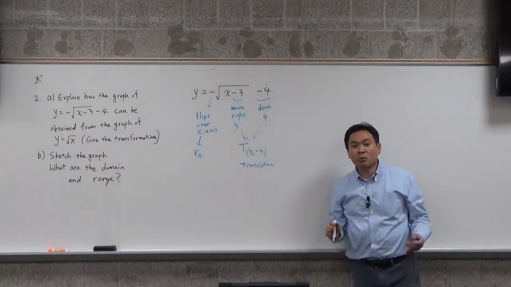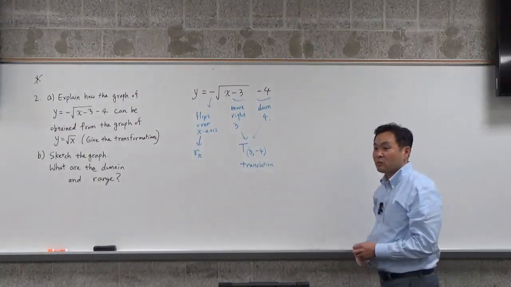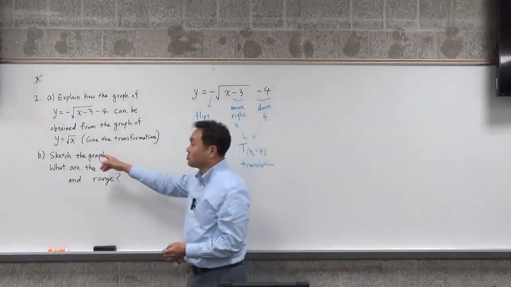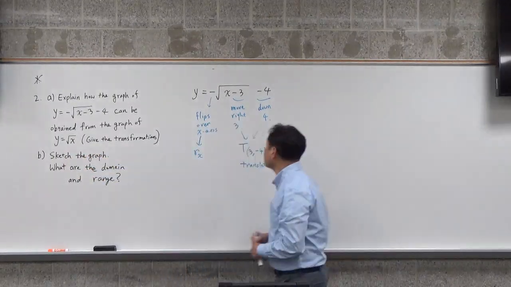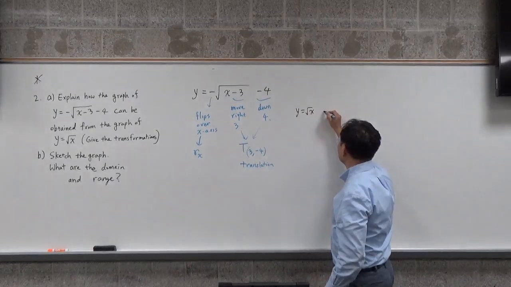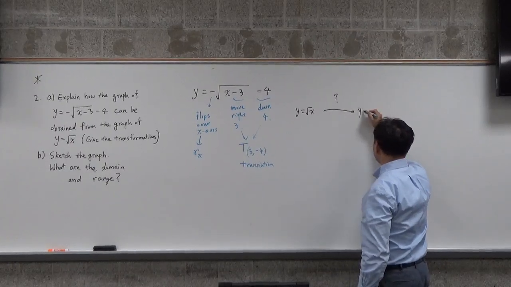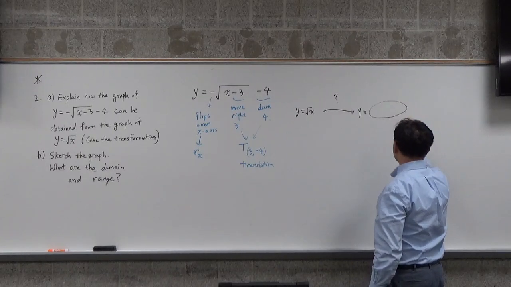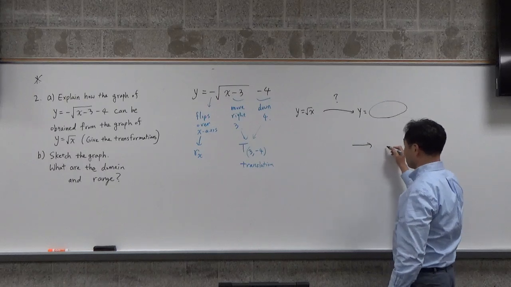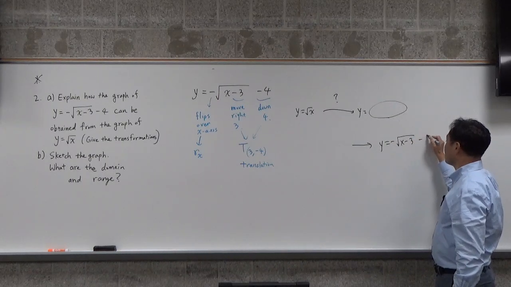Okay. Now the question is, in which order should these transformations be applied to y equals square root of x? In other words, I'm thinking of y equals square root of x changed by some transformation to another function, and then eventually it becomes y equals negative square root of x minus 3 minus 4.